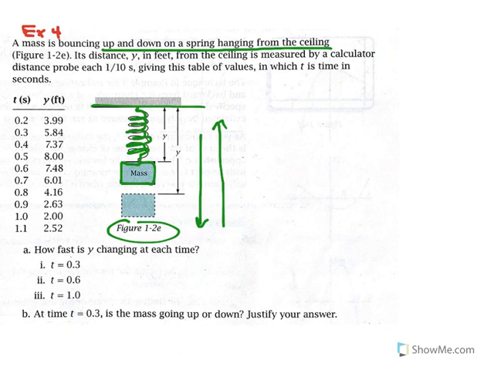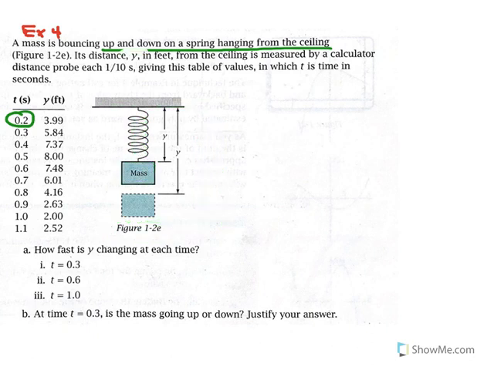So here we have at 2/10 of a second, the distance of the mass from the ceiling measured by y is 3.99 feet. 1/10 of a second later, the distance of the mass from the ceiling is 5.84 feet, which means the mass is further from the ceiling, which means it's gone down.